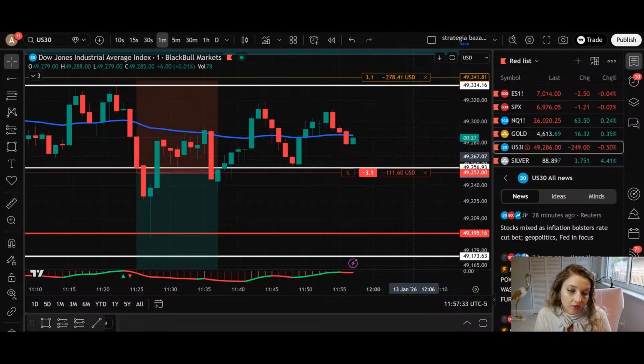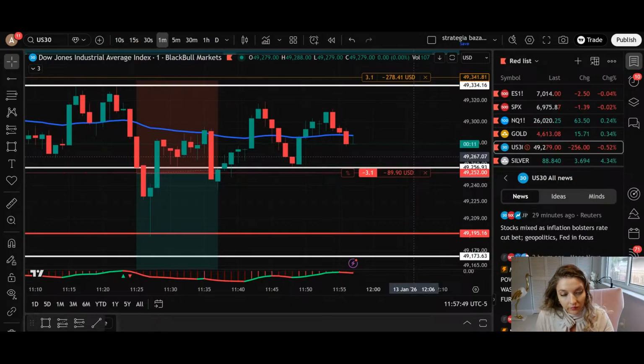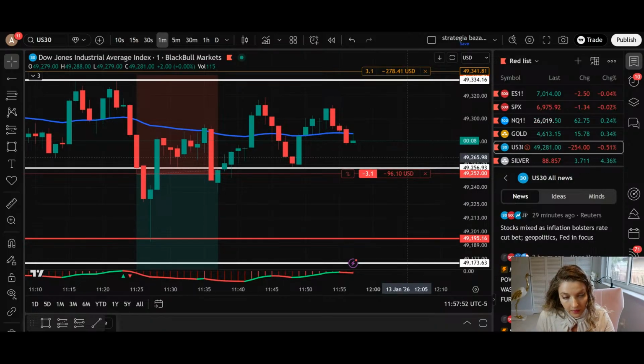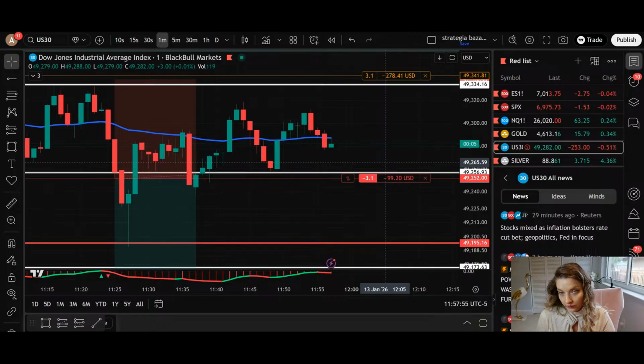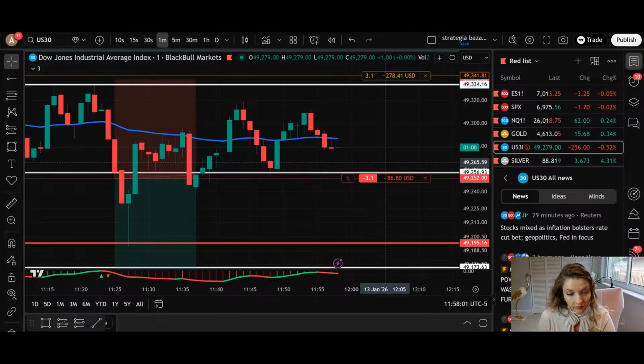You move your stop loss. 325. Break. It's gonna touch your break even soon, so see how it's reacting and close the trade if you don't feel confident.